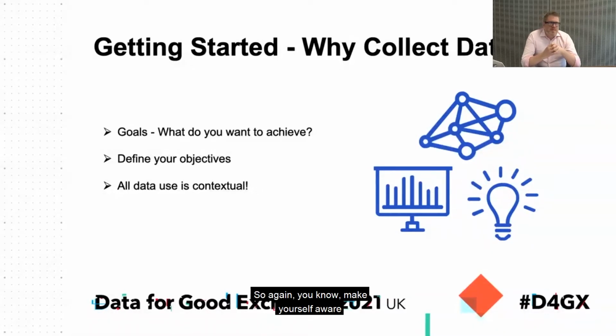So again, make yourself aware of what you're looking to achieve and how you're going to go about getting the data that you need. Otherwise, you're just going to end up a little bit aimless, and that's not really where you want to be. I think this is where we move on to the next slide, please.